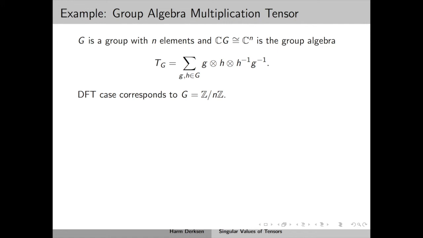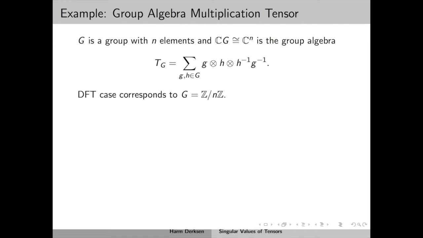Here's another interesting algebraic example. If you have a group, then we can look at the group multiplication, and that gives us a certain tensor. We can look at the group algebra, which is a vector space, and then consider the following tensor.